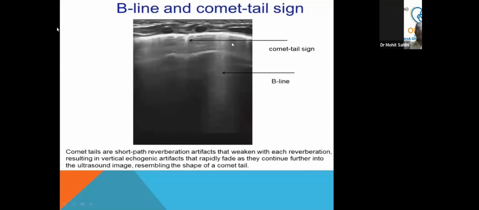So this signifies that the amount of fluid has increased, or there is consolidation, or there is more congestion in the lungs. So that's how she told A lines, B lines, and C: A, B, and C. C signifies the comet tail artifacts, which are the same as B lines but signify a lesser amount of fluid. This is what she's been showing on the screen.